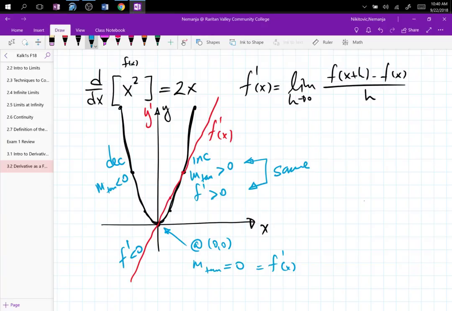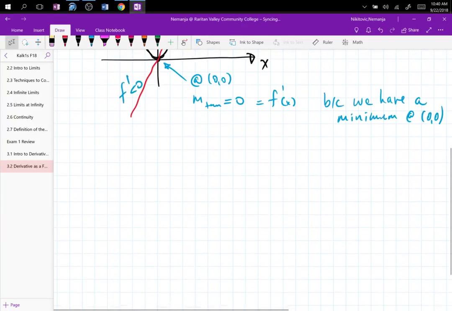This is because we have a minimum at that point, at 0, 0. So this one graph is covering pretty much everything.